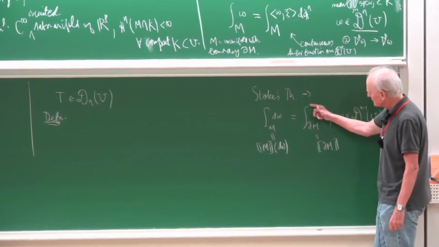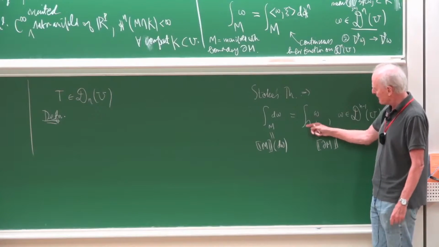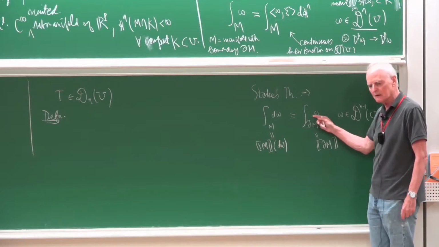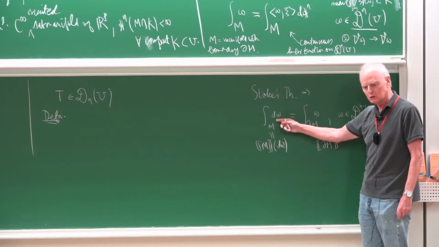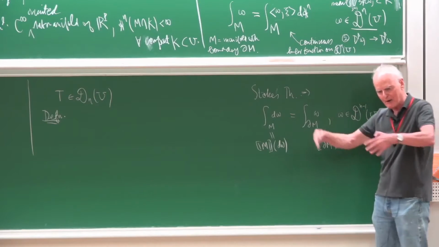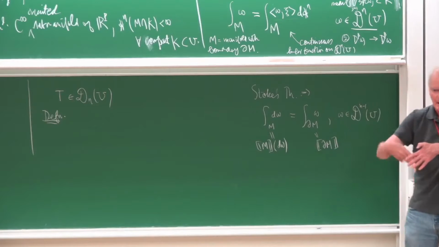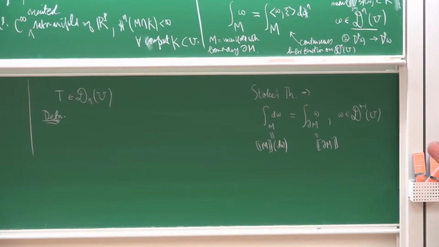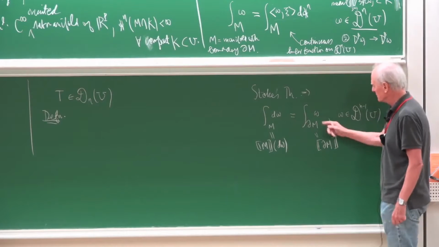Of course, Stokes' theorem always assumes that the boundary manifold receives a natural orientation induced from M. There's a unique conormal, and as long as everything is smooth with a smooth boundary, you can give a natural orientation to the boundary. And that's what's assumed here in Stokes' theorem.